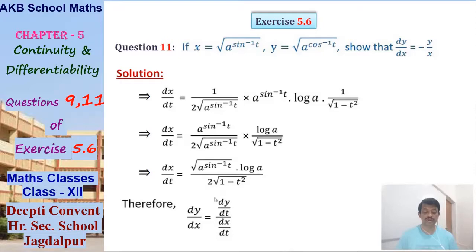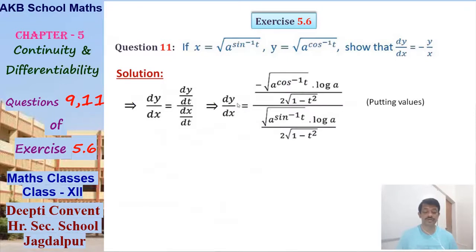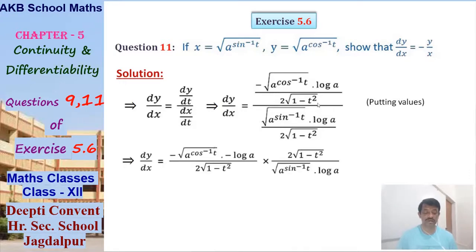We have to put the values of dy by dt and dx by dt. So putting values, dy by dx equals dy by dt upon dx by dt. Now 2 root 1 minus t square and 2 root 1 minus t square both cancel out, and we have the value like this.